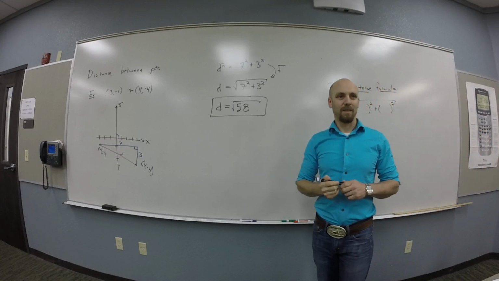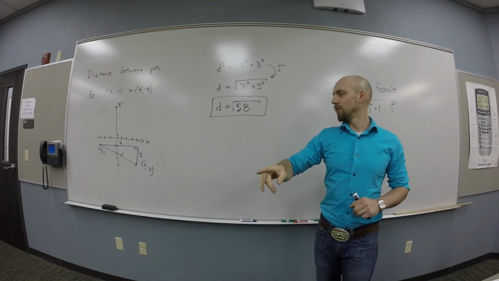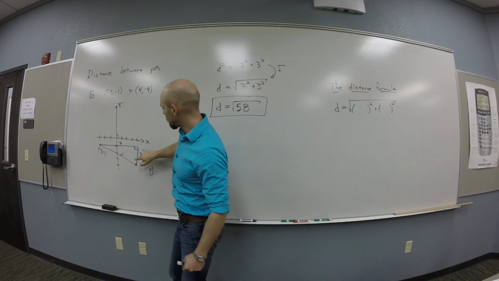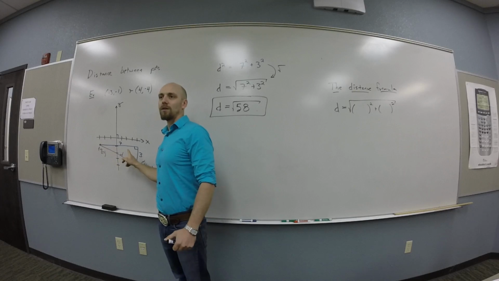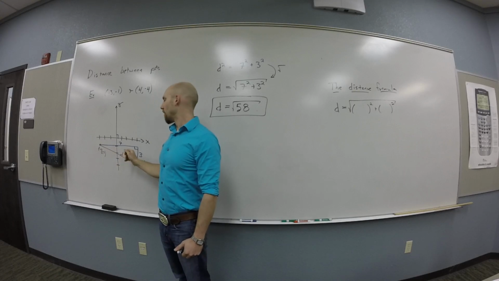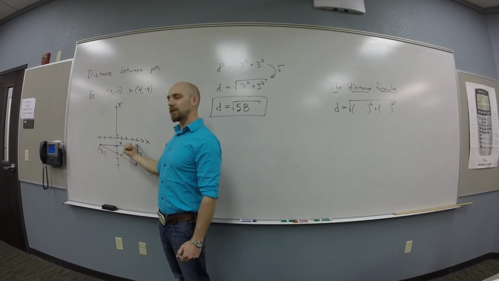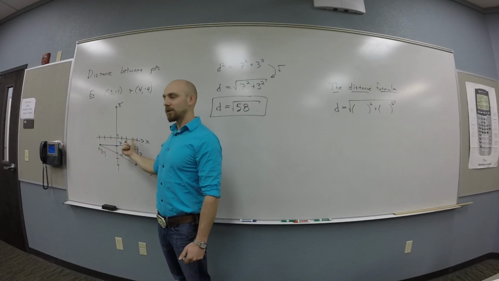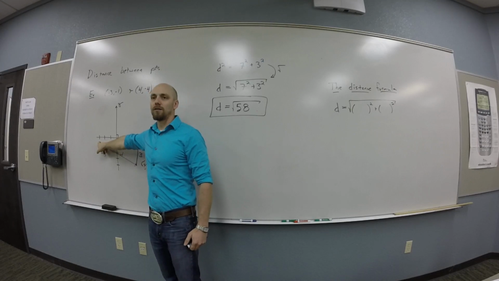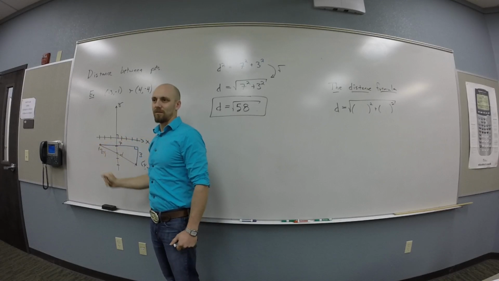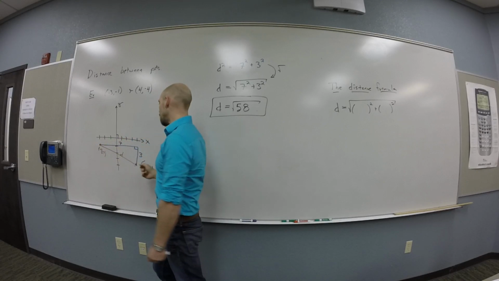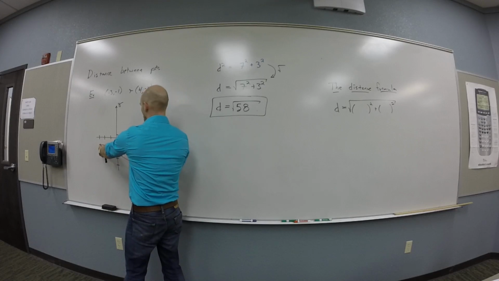The difference of the 2 points, right? Yeah, kind of. So to get the 7, what did I do? I took how far this is and subtracted how far that was. See that? I wanted to know how far it was in x from here to here.